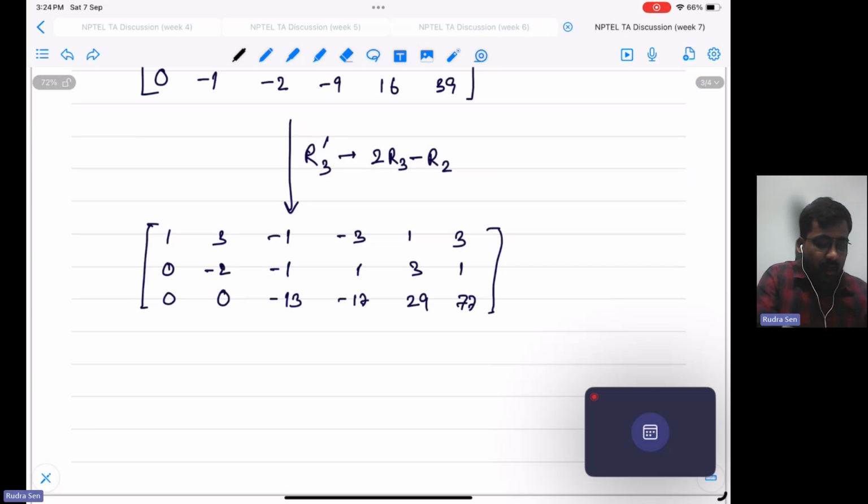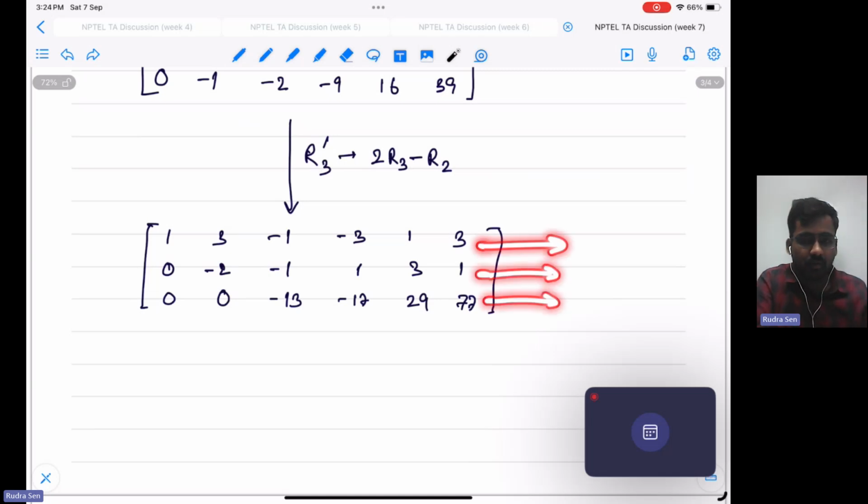So now we can further do the row elimination. We can further make this term 0, but at least we can see that there exist 3 non-zero rows. Whatever row elimination process you do, ultimately you find that there exist 3 non-zero rows.